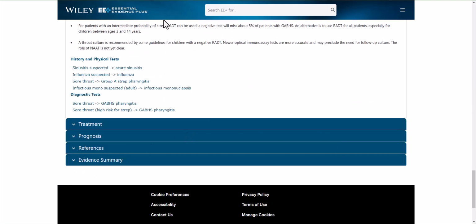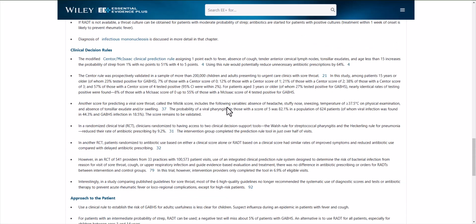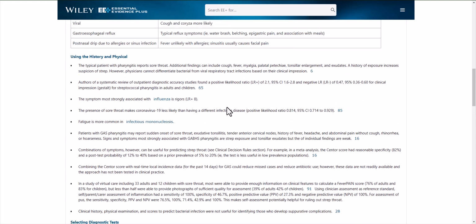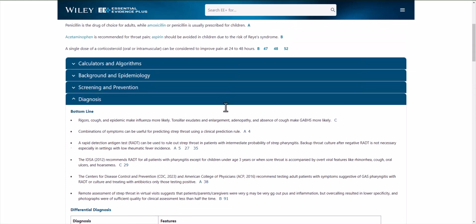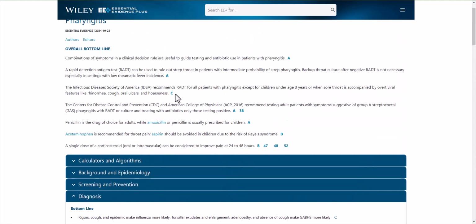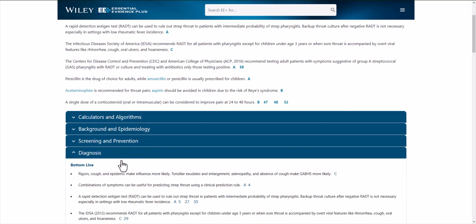The rest of the topics are usually devoted to like treatment and prognosis and references. So for your physical assessment class, you're probably going to use most of the content that is in the overall bottom line or maybe all the way down to the diagnosis section.